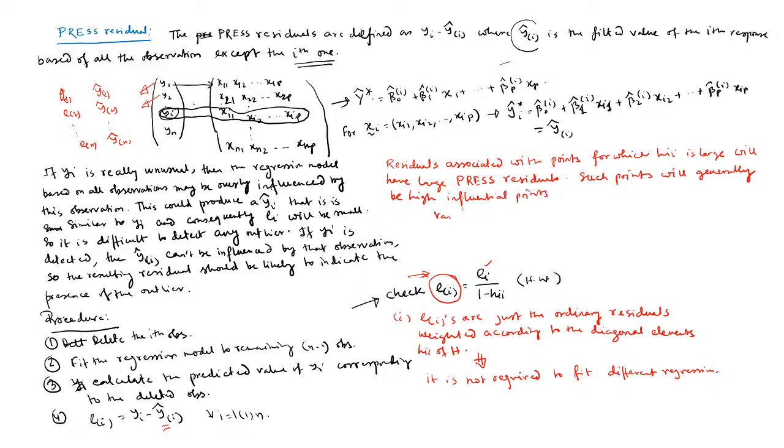And here we see that the variance of e within first bracket i is equal to sigma square times 1 minus Hii. Please check, this is your another homework.